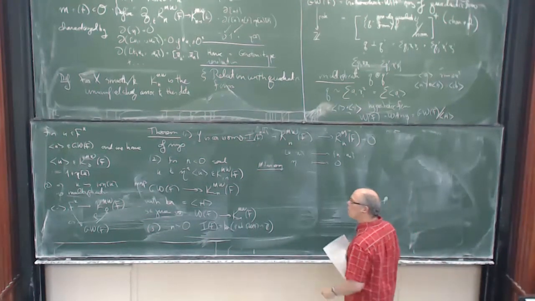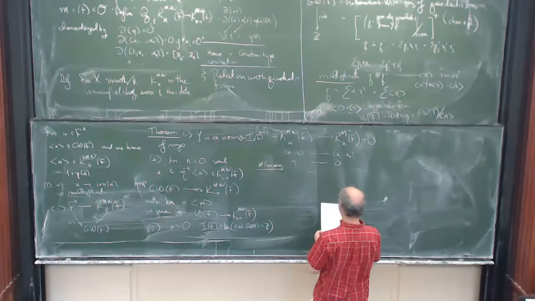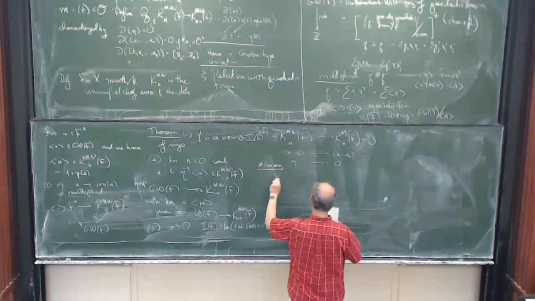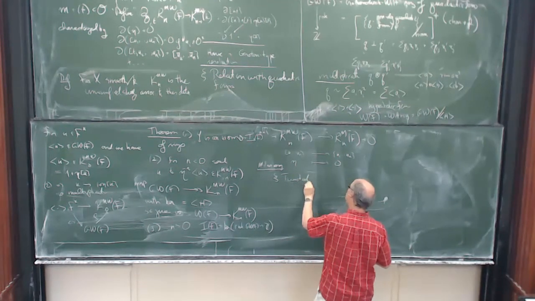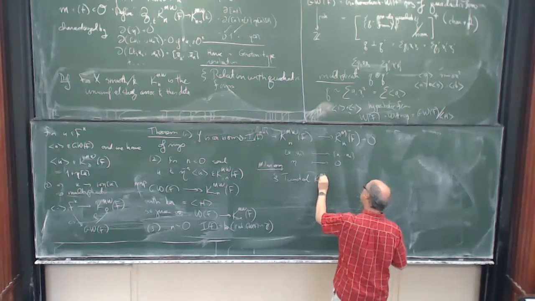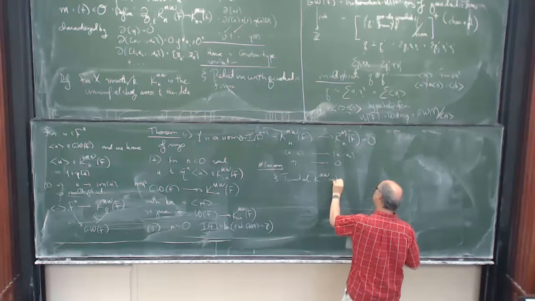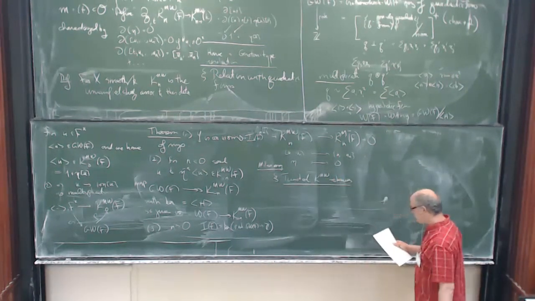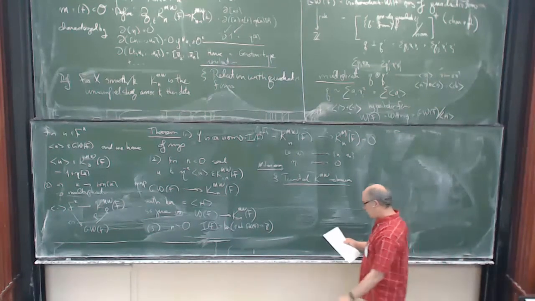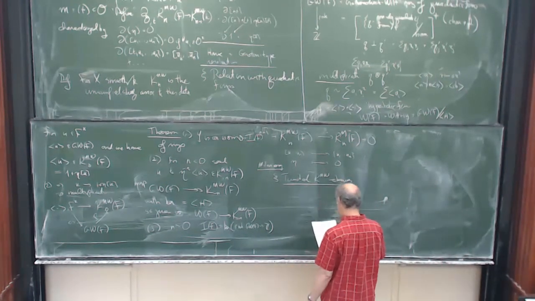Okay, so I'm rapidly running out of time. So I have to say, where's the orientation sheaf coming in? I have to make one more definition. We have to look at the twisted Milnor-Witt sheaves. So we already have the Milnor-Witt sheaf as the unramified theory associated to the Milnor-Witt K-theory of fields.